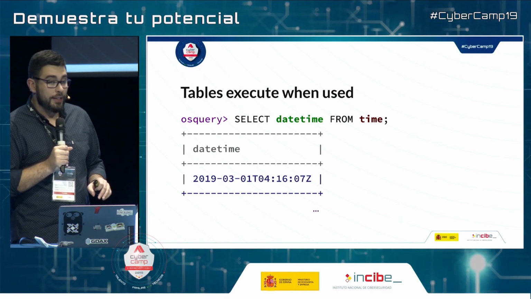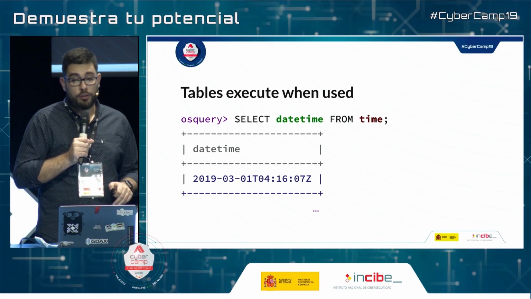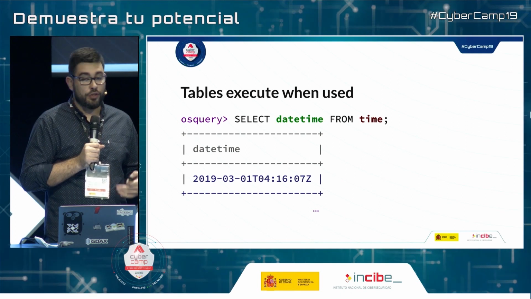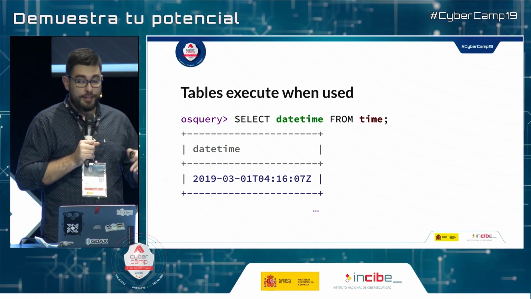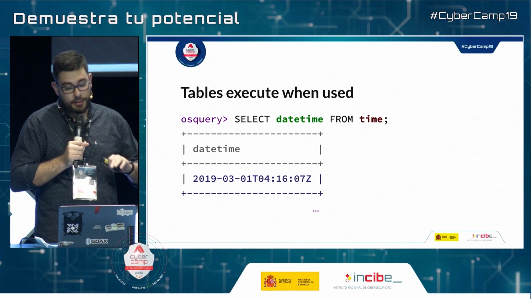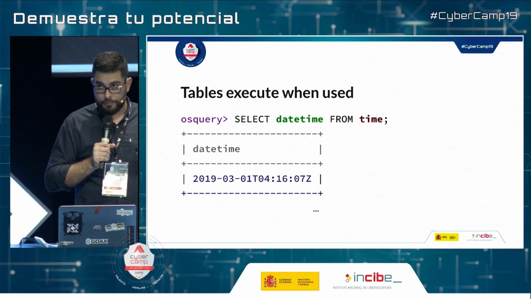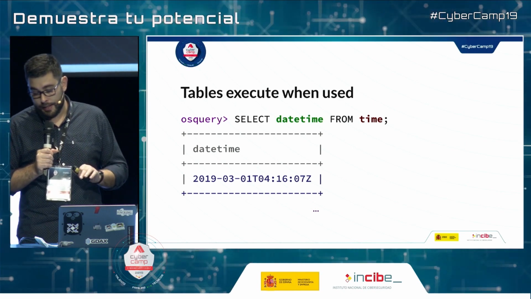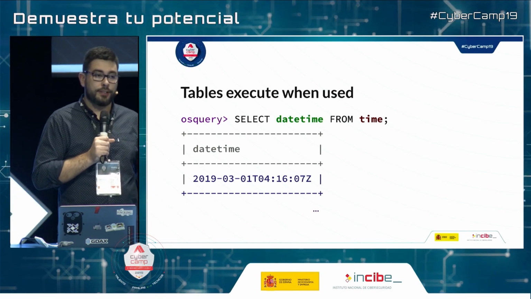An interesting point is that when you select from a table, the code is executed each time you do a select. So that code is for each table, and it always executes every time you launch the table. There's a little detail to keep in mind here.